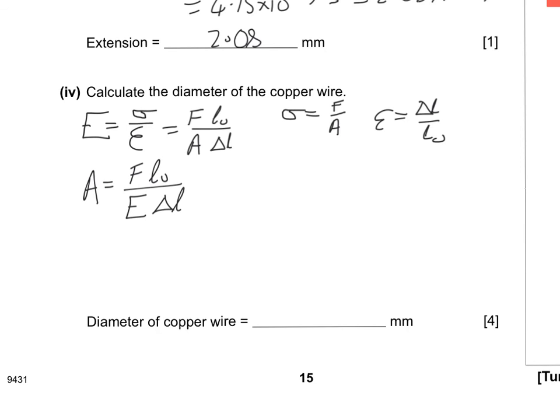Just identify some terms. F is the tension, L naught is the original length, delta L is the extension, and E is the Young's modulus for the copper. So we know all those. We might want to do a bit more simplification before we start plugging numbers in. Area is obviously pi r squared, which is pi times d over 2 all squared, so area is pi times d squared over 4.